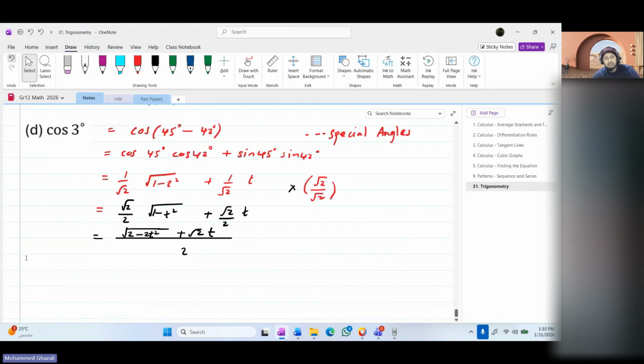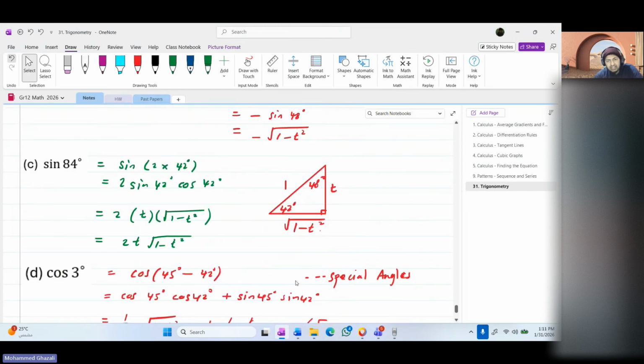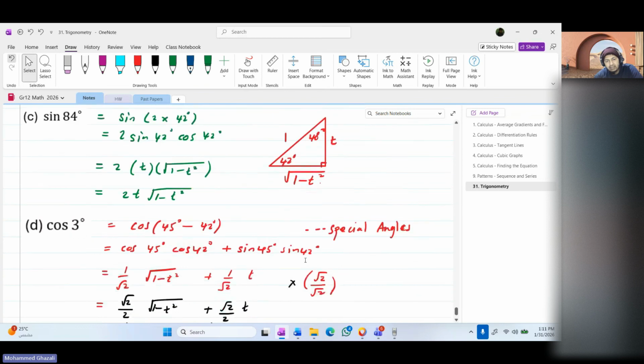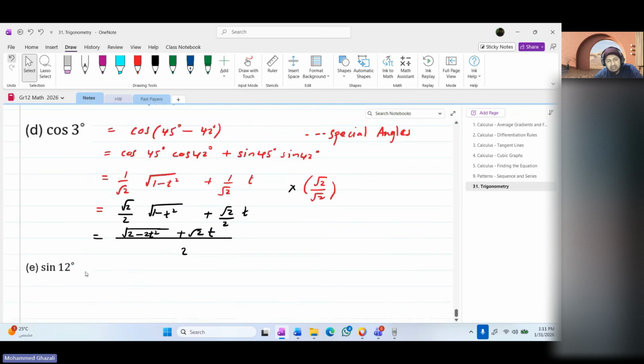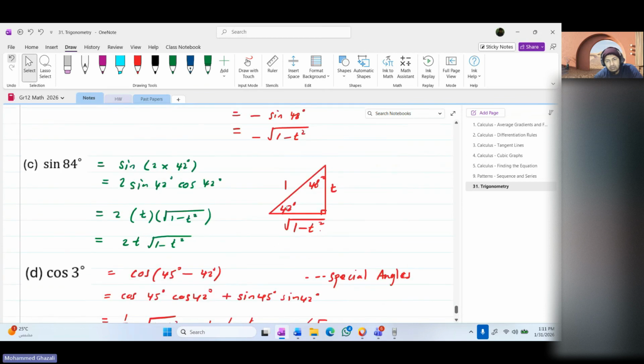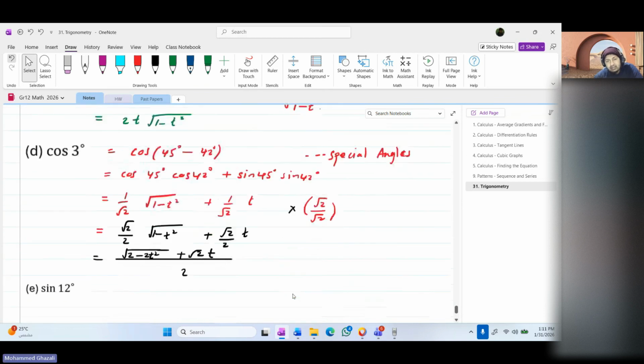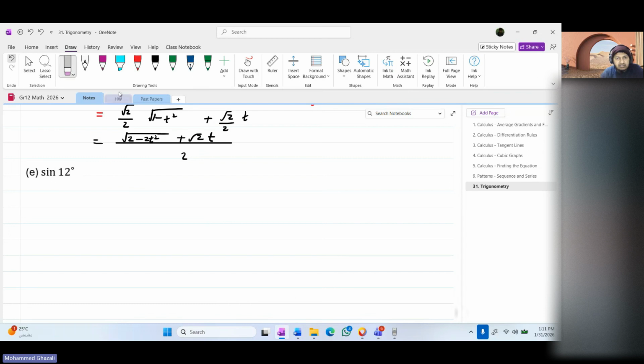So we can do a similar thing like this for sine 12, right? What can we do for sine 12? 12 will be, how can you get 12? 30 plus, no, 42 minus 30. 42 minus 30 is 12, right? 42 degrees is the angles of triangle, 30 degrees is the special angle.